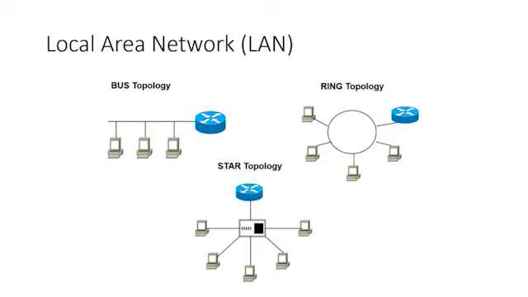Now, ring topology is a little bit different, all right? You can see it's in a circle and a ring, and we've got things attached to it, devices. Again, we're using, could be vampire taps, could be BNC connectors, could be different types of connectors if it's a token ring topology, all right?